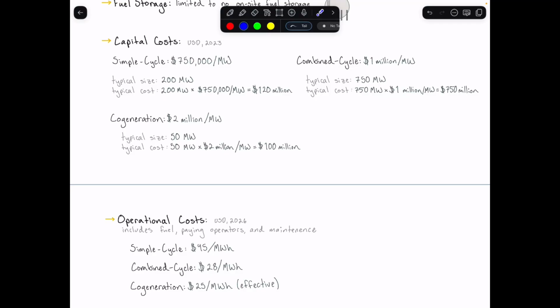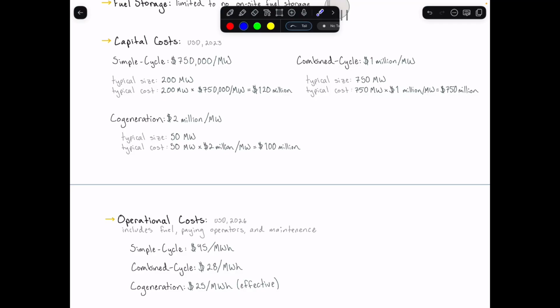So these numbers here that I have written are based on US prices, which produces a lot of its own natural gas supply. So these numbers are going to be most likely cheaper than in other regions around the world.